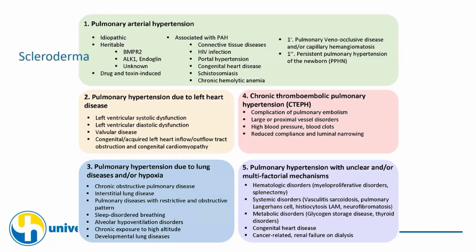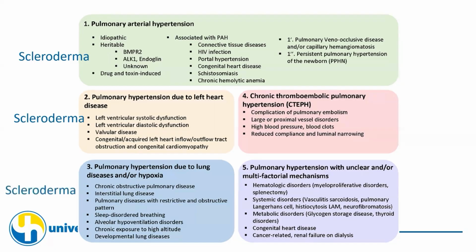Now, the reason why I don't like primary versus secondary is because of these groups. So scleroderma is an autoimmune disease that can also cause PAH and cause the plexiform lesions. So you can have group 1 pulmonary arterial hypertension from scleroderma. Scleroderma can also cause diastolic dysfunction, which could cause group 2 PH.